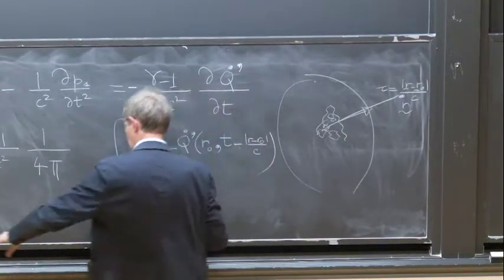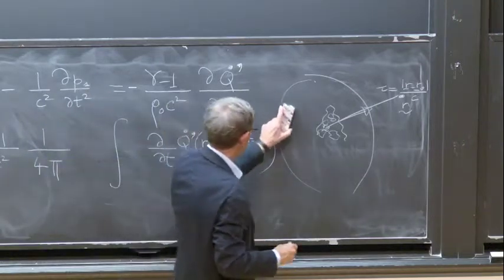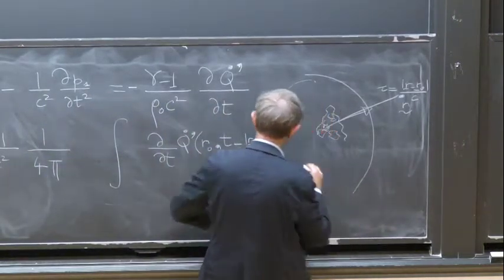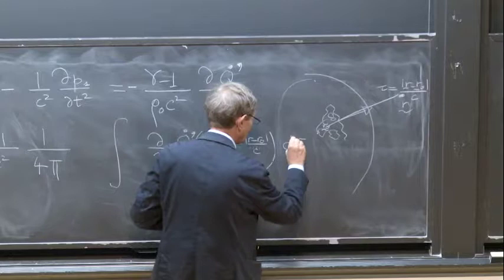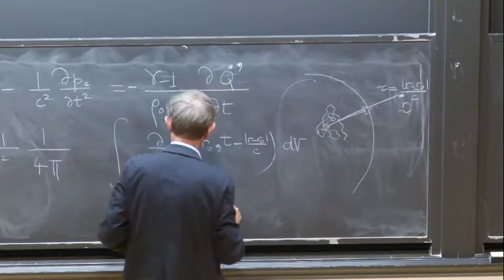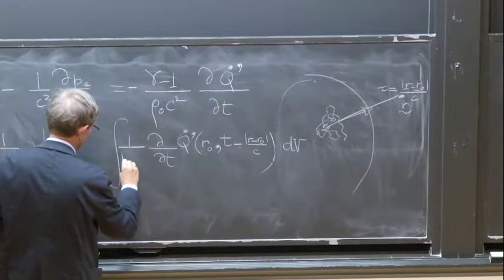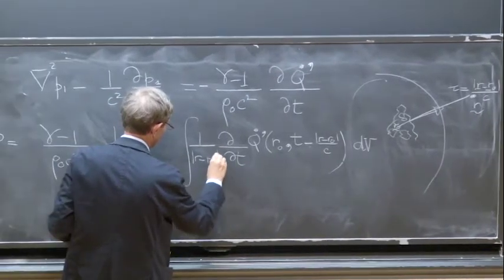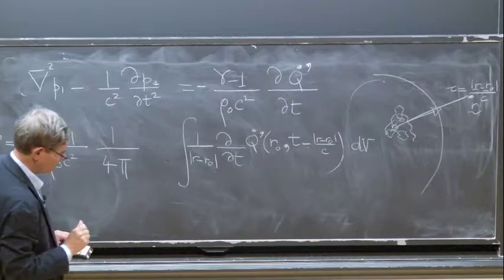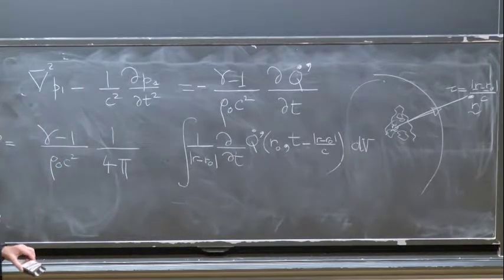This will be integrated over the volume because all the little sources will contribute, and also there is a decrease in terms of distance. We learned, you remember, that spherical waves diminish like 1 over r, and in this case r minus r0.